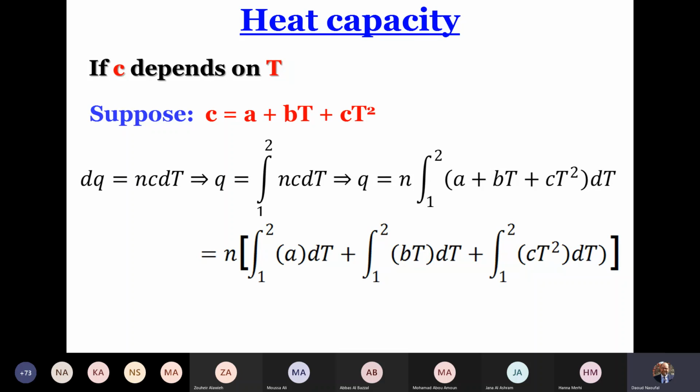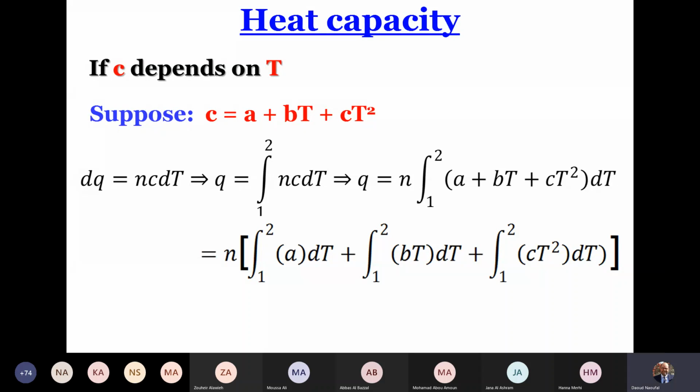If C is independent of the temperature, the formula is Q equals MCs delta T, where delta T equals T final minus T initial, or Q equals NC delta T, where delta T equals T final minus T initial.